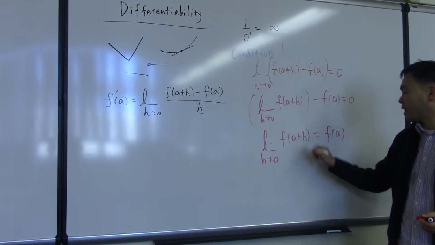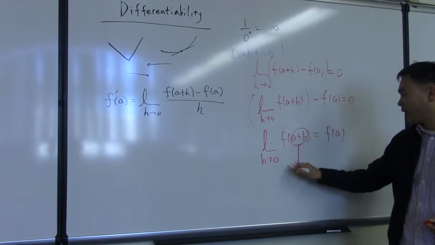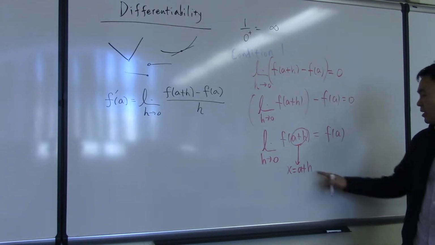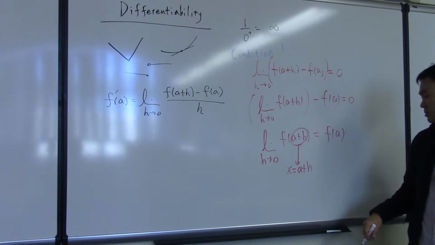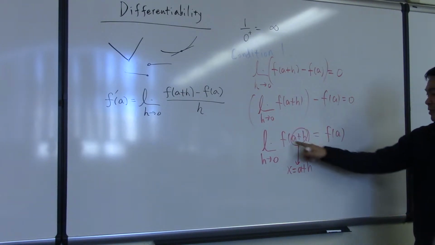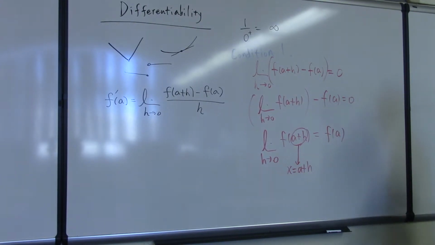Let's say x is a plus h. Then as h goes to 0, where does x go? X goes to a, right?